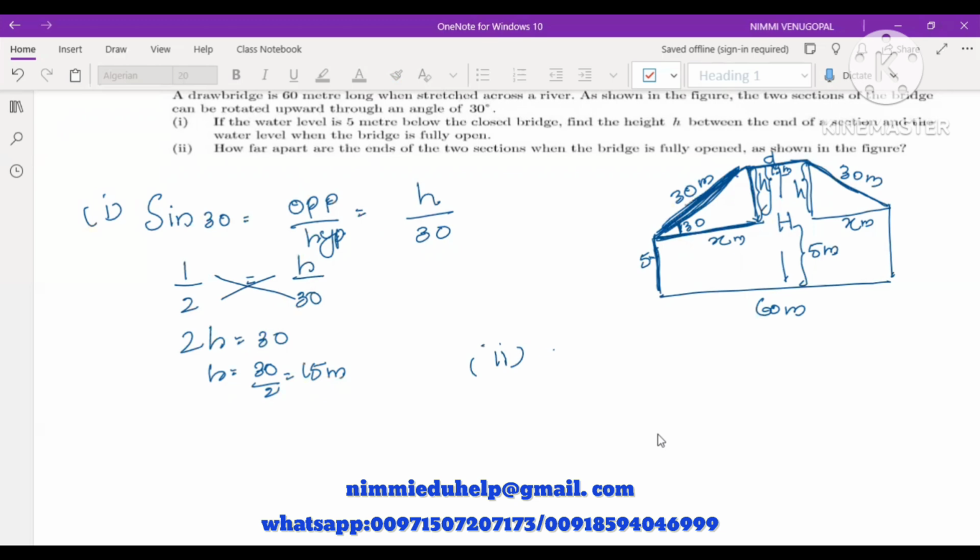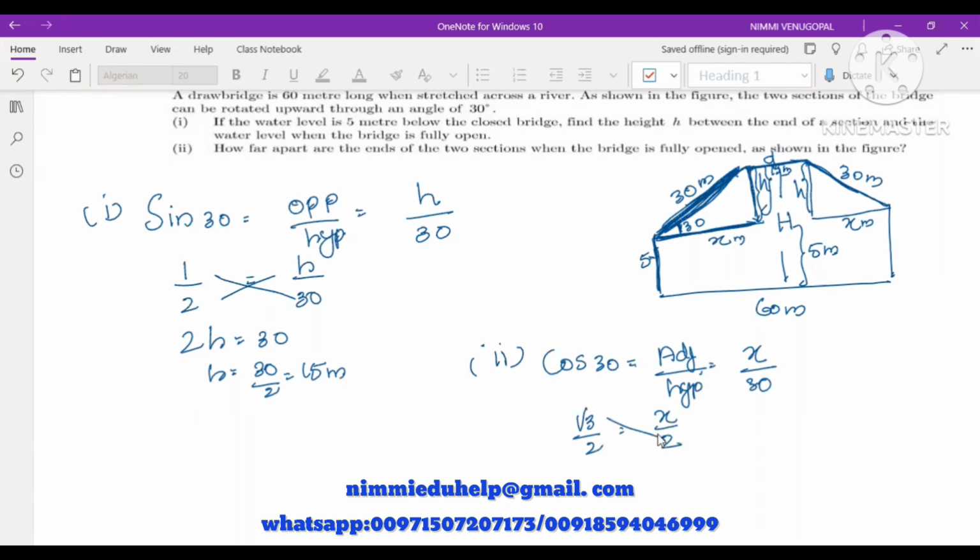And the value we have is the hypotenuse. So we have to depend on cos 30, because the cos 30 ratio is adjacent by hypotenuse. Adjacent is x and hypotenuse is 30. Cos 30, we know, is root 3 by 2, equal to x by 30.